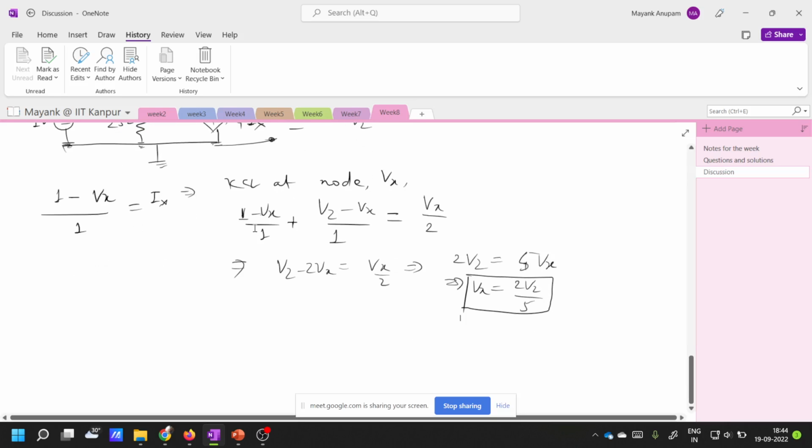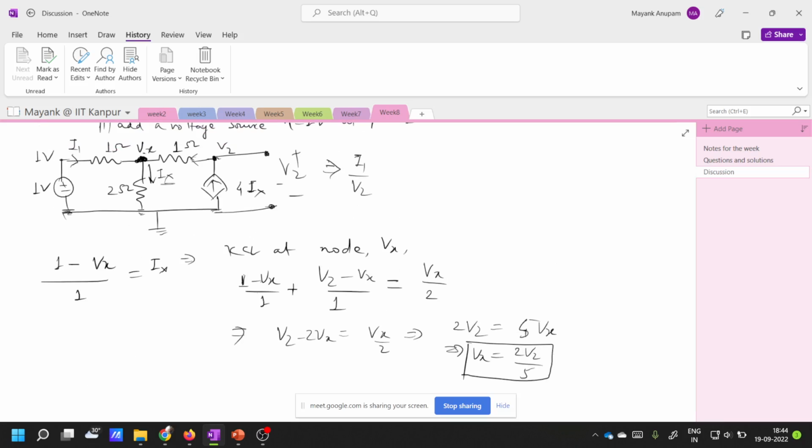Okay. Now you can find the second equation through this, right? KCL at node V2. At this node, you see the current is V2 minus Vx by 1, which has to be equal to 4 times Ix, right?